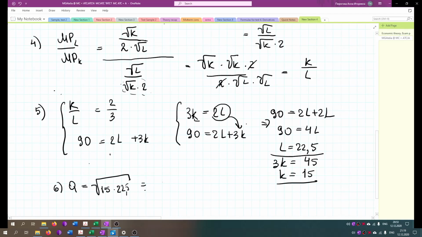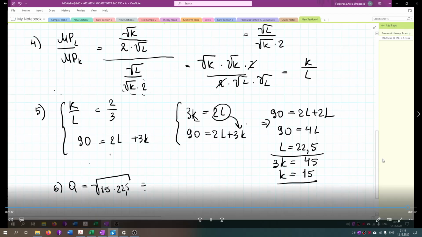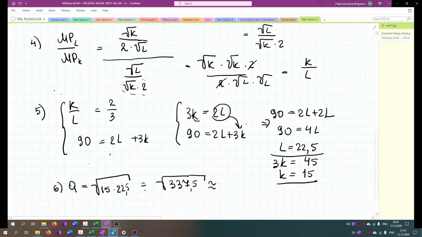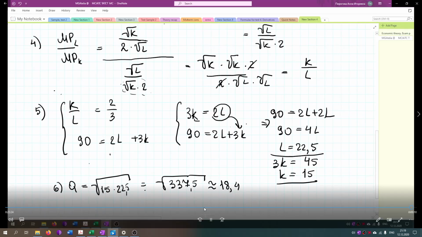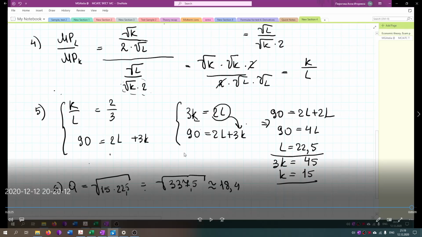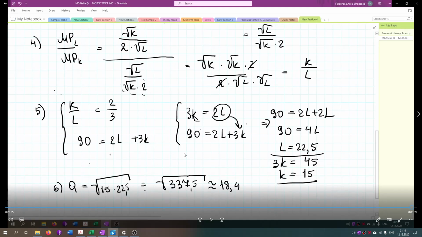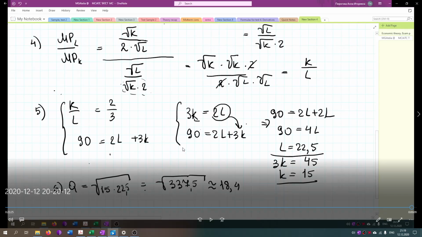It will be the square root of 337.5, and it is approximately 18.4, and it will be part of the answer. So this is it for this exercise.